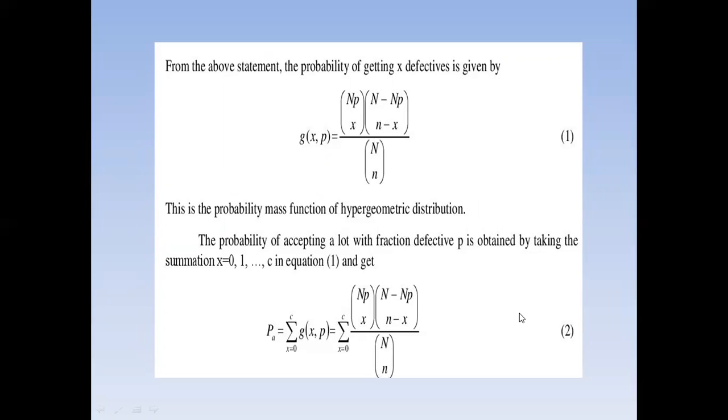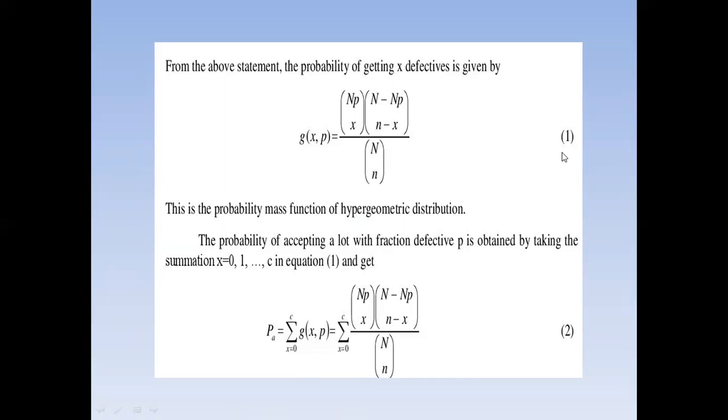The probability of accepting a lot with fraction defective P is obtained by taking the summation from X equal to 0 to C of g of X comma P, as in equation 1. So P of A is equal to the summation from X equal to 0 to C of g of X comma P.